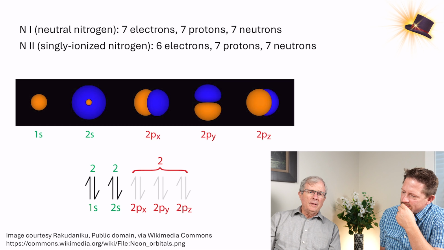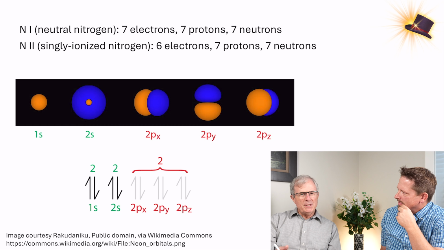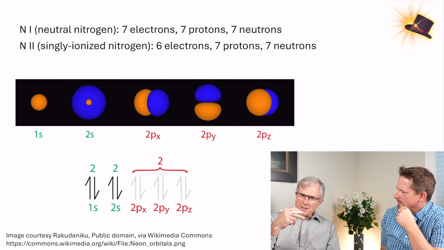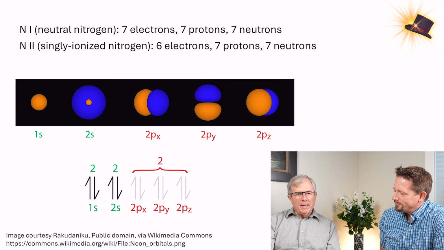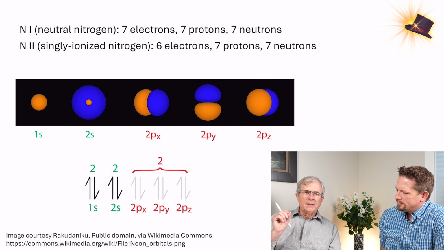Okay, so here's nitrogen. Back to your high school chemistry. Nitrogen has an atomic number of 7. That means it has 7 electrons, 7 protons, 7 neutrons. And if you singly ionize it, you're going to strip one of those electrons off, so that takes 7 electrons down to 6.